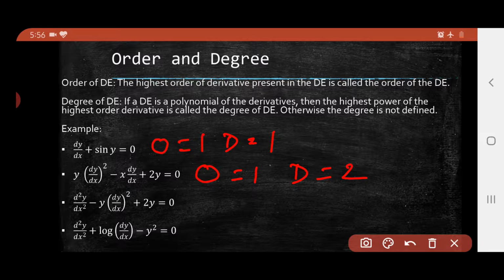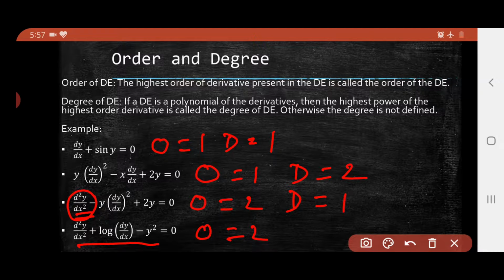In the third case, order is obviously 2 because this is the second order derivative term we have, and here the degree is 1. Why? Because this second order derivative is the highest order derivative and its power is 1, so therefore its degree is 1. This one here, order is 2 for sure because d2y by dx2 is present. Now what is the degree?